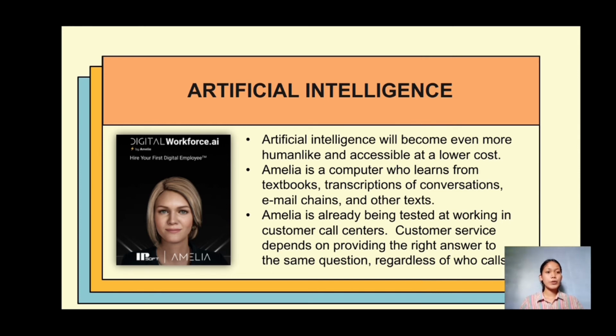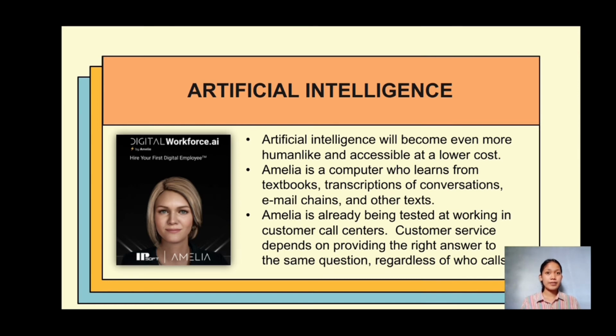Amelia is a computer that learns from textbooks, conversation transcriptions, email chains, and other documents. She can solve problems as long as the answer is in the data she receives. And she can also learn new things. Programmers have attempted to give her the ability to think like a human.